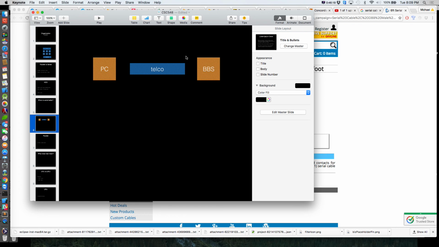Now, what's that called? When all that beeping and stuff is going on, what's actually happening? That's the waveform. Conversion?